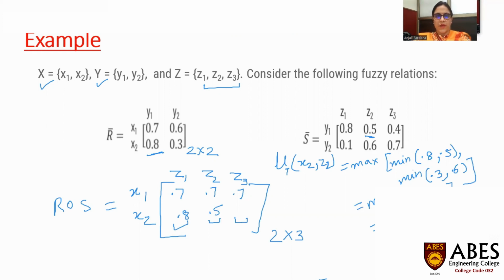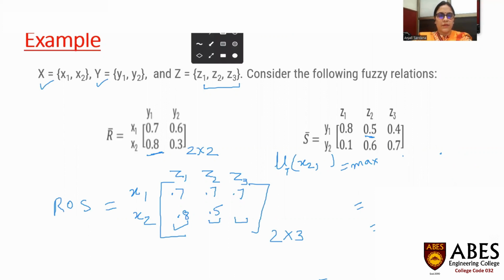Similarly, for the next value calculation, we need to calculate the value here from x2 to z3. The value will be calculated in such a way that maximum of minimum of x2 to y1, that is 0.8, and y1 to z3, it is 0.4.